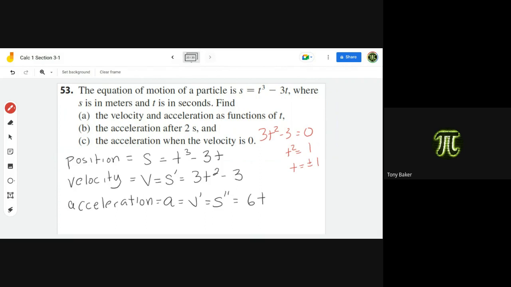So my velocity is 0 at 1 second. So then what's my acceleration at 1 second? 6 meters per second.